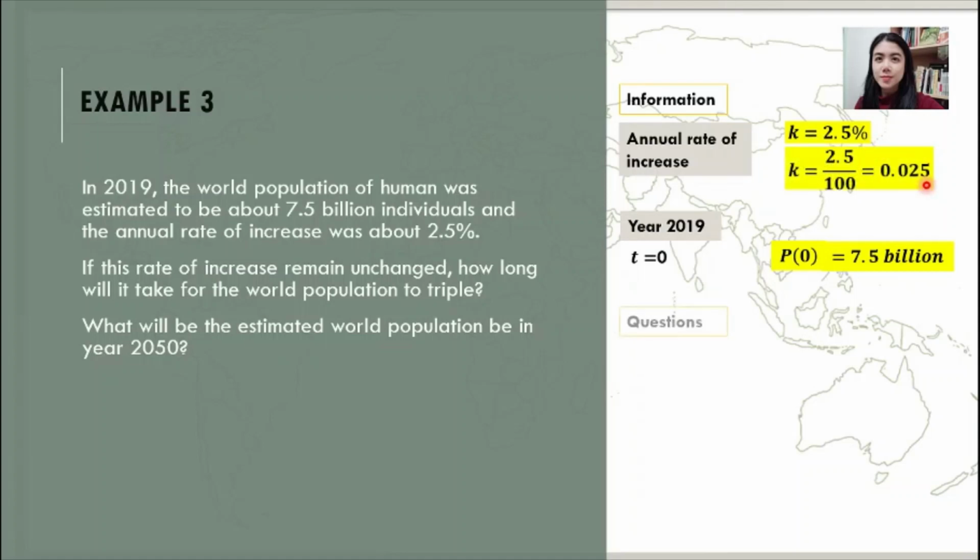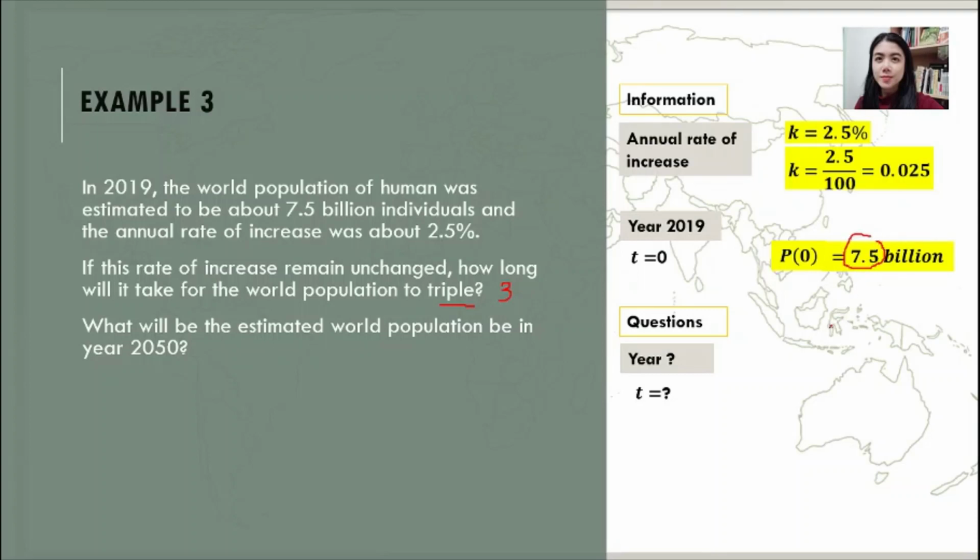So let's just look at the questions. If this rate of increase remains unchanged, how long will it take for the world population to triple? It basically wants to know the year. It means that the time is a question mark. The population will triple, which means 3 times the initial.